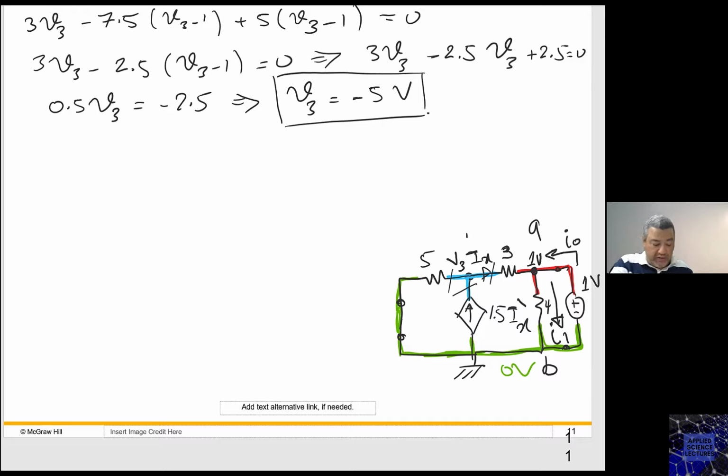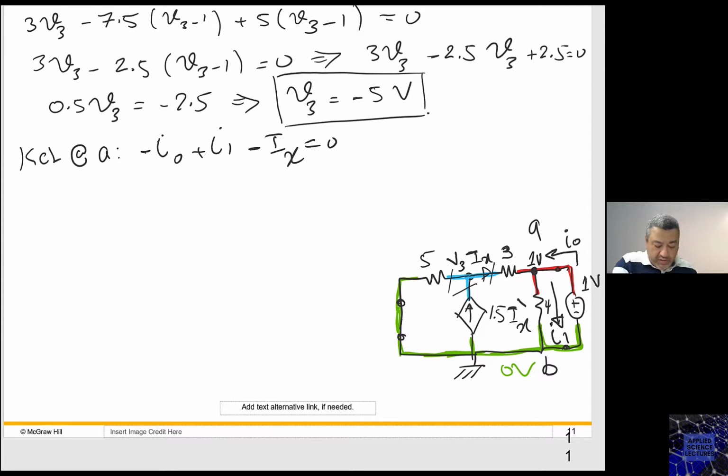So if I say KCL at A, what do I get? I naught is entering, minus I naught. I1 is leaving, plus I1. IX is entering, minus IX, and this equals 0.